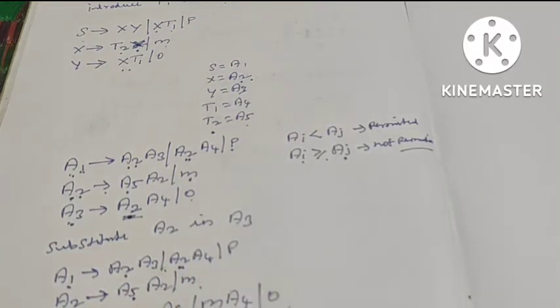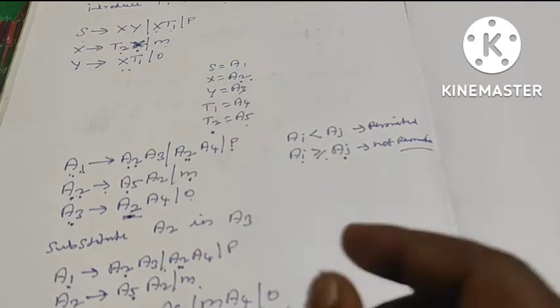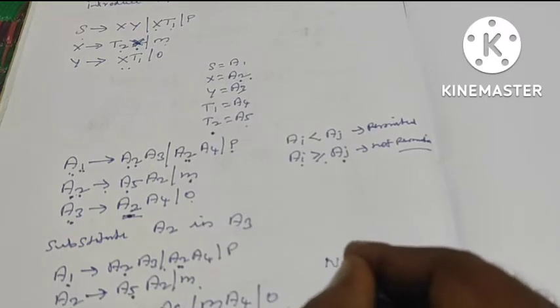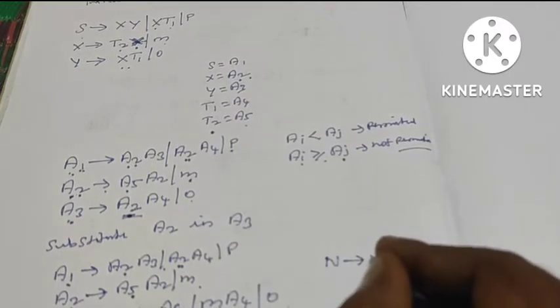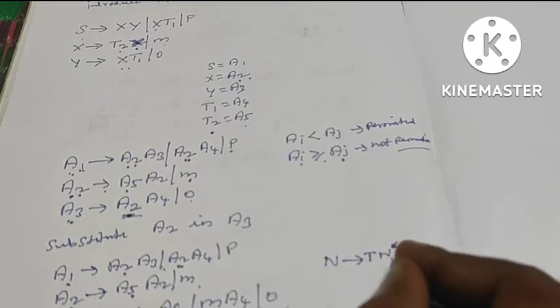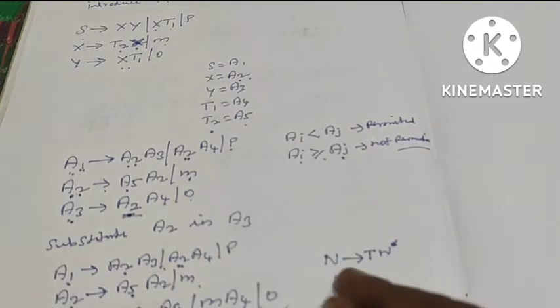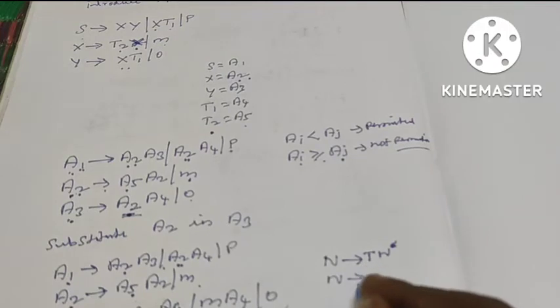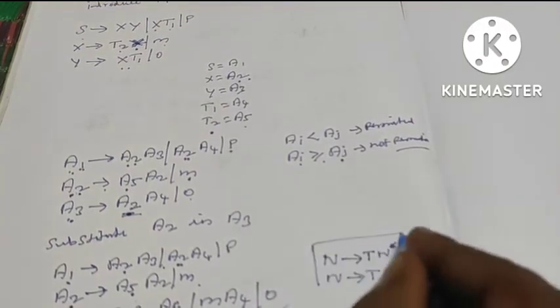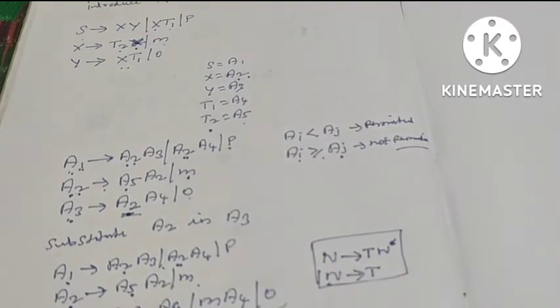But when you look here, Greibach normal form should accept a non-terminal starting with a terminal and followed by a set of non-terminals. Either this is one form, or a non-terminal should have only one terminal on the right side. Only these two forms are accepted by Greibach normal form.